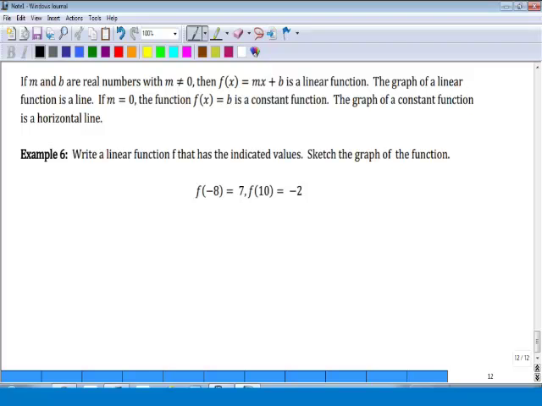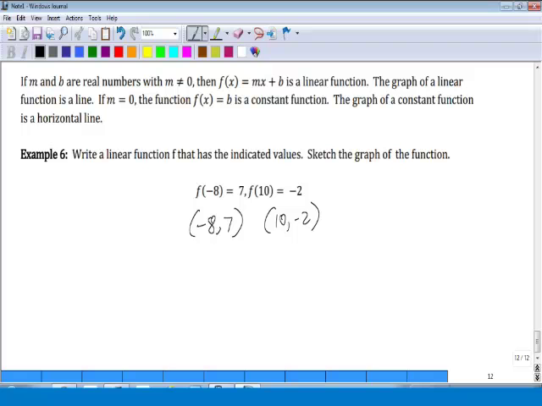So rephrase this: find an equation of the straight line that passes through the points -8, 7 and 10, -2. Just a fancy function notation way of asking exactly that same question we did a few minutes ago.